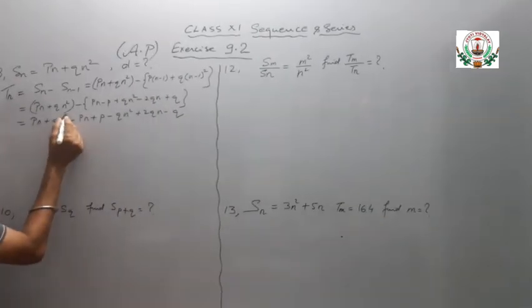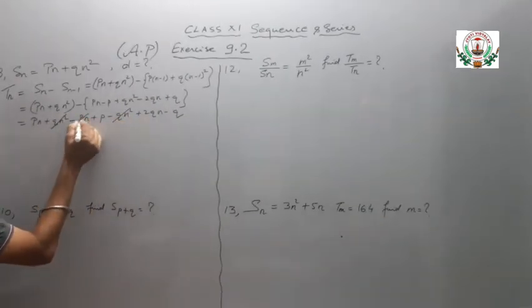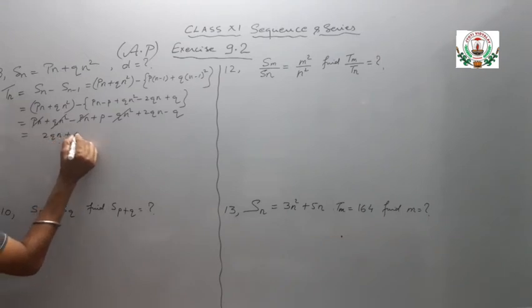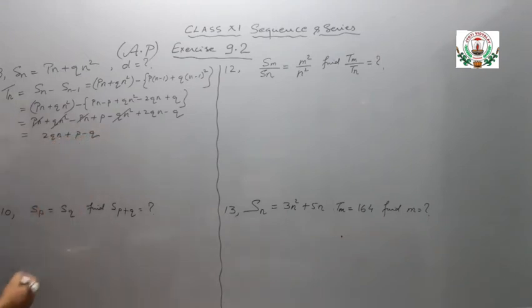So qn square minus qn square, pn minus pn cancel. We are left with 2qn plus p minus q. This is our nth term of the given sum of n terms.